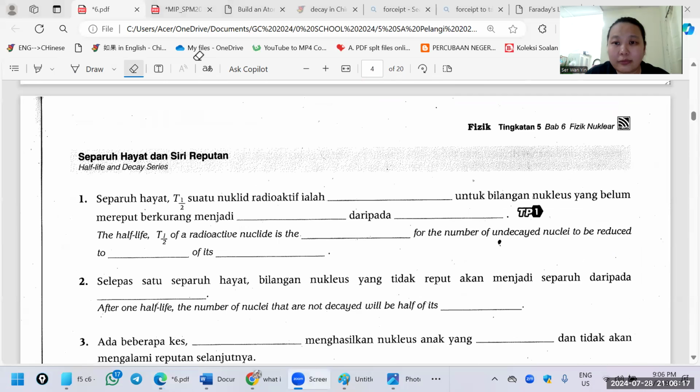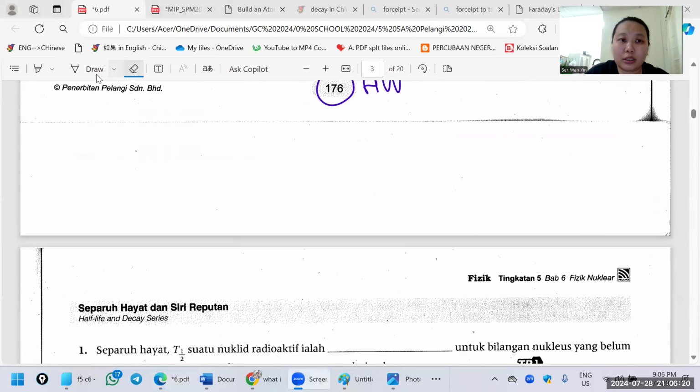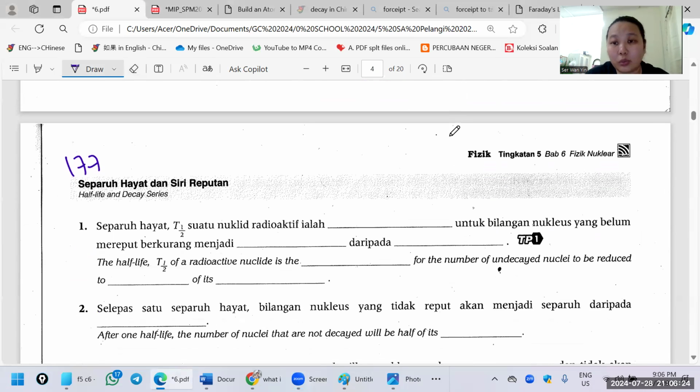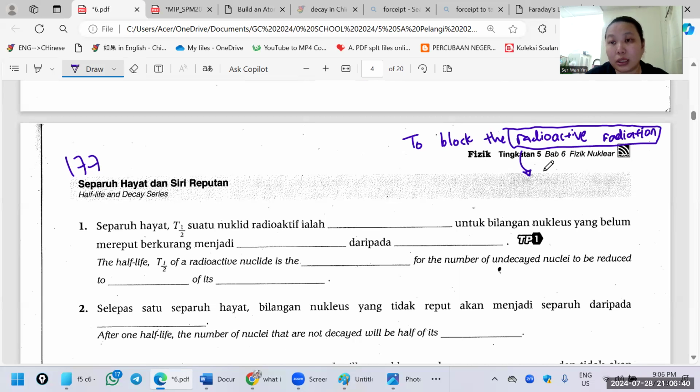What was the reason for the concrete wall? To block the radioactive radiation. So when I'm talking about radioactive radiation, I'm talking about the alpha, beta, gamma. Teacher, concrete can absorb high temperature.